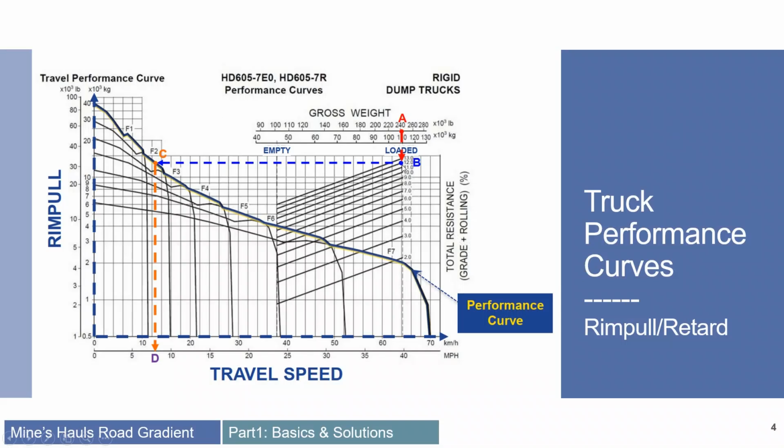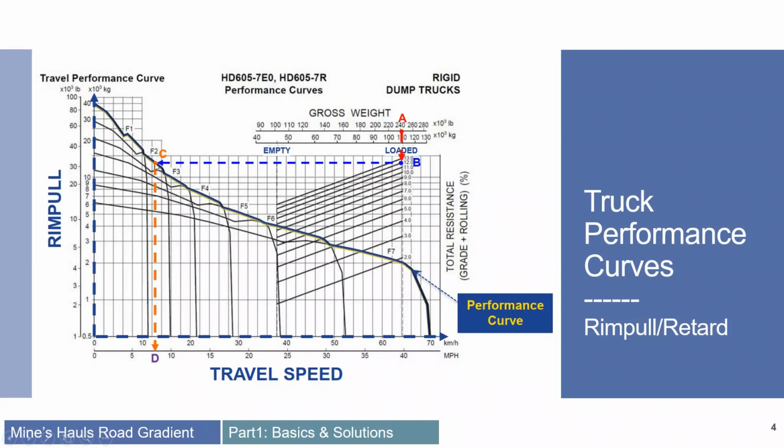From the intersecting point, that is point B, continue to the left horizontally to meet the related gear shift of this machine, which can produce this force to travel under this gross weight on this total resistance slope, that is 12%.